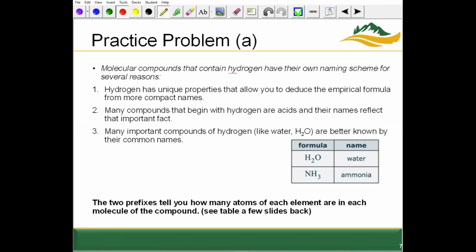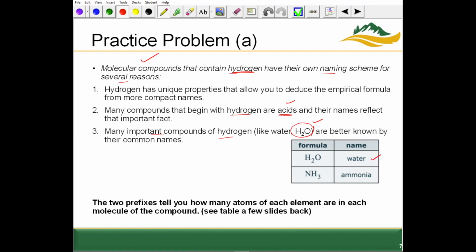So hydrogen can be unique here again. When hydrogen is present, they have sort of their own naming scheme for these molecular compounds. We'll cover acids later on in the semester. Many compounds that begin with hydrogen are acids. Also, many important compounds that contain hydrogen, like water, we call them by their common name.